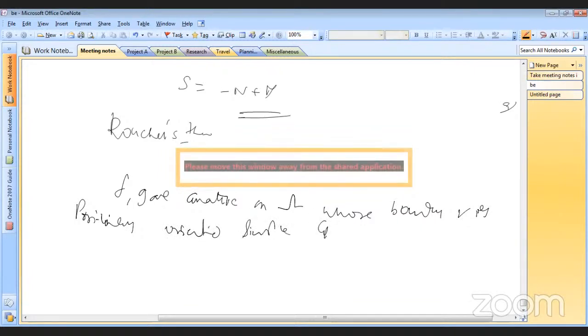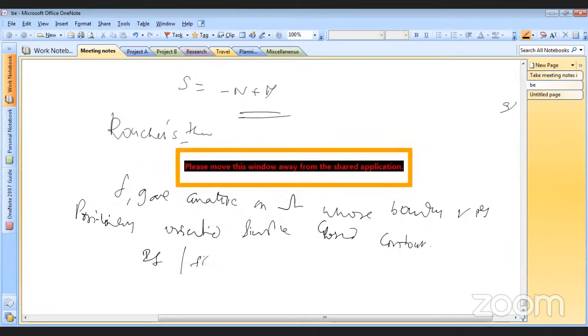If |f(z) - g(z)| < |f(z)| for every z on gamma, then f and g have the same number of zeros in the interior. What is the meaning of interior?